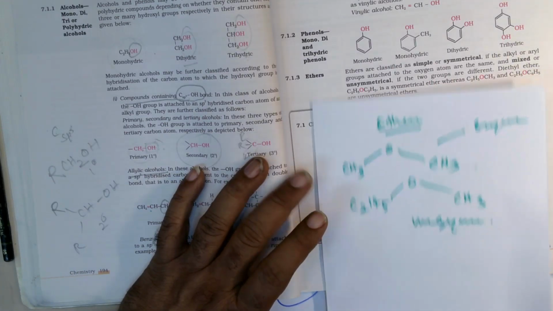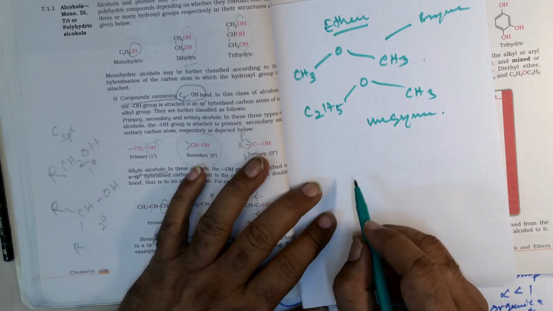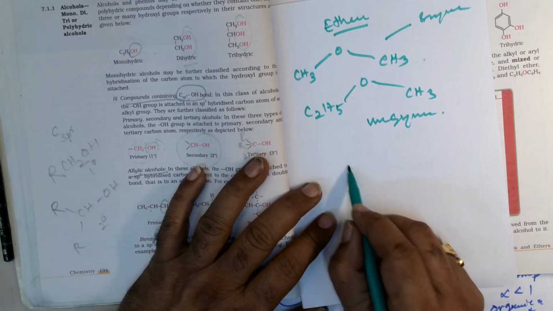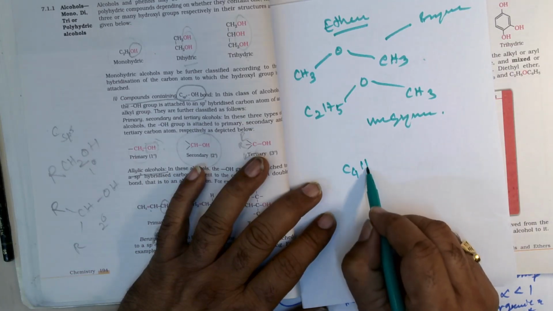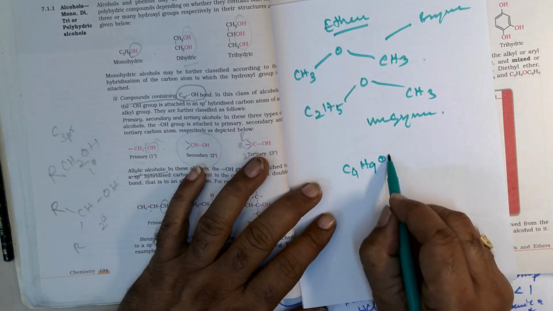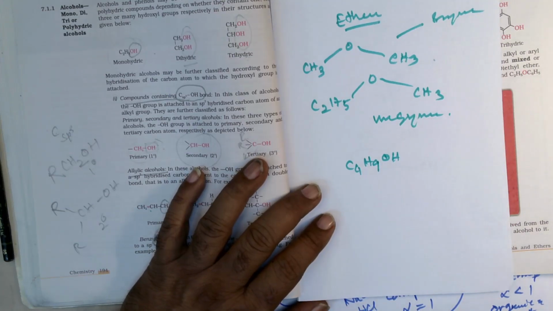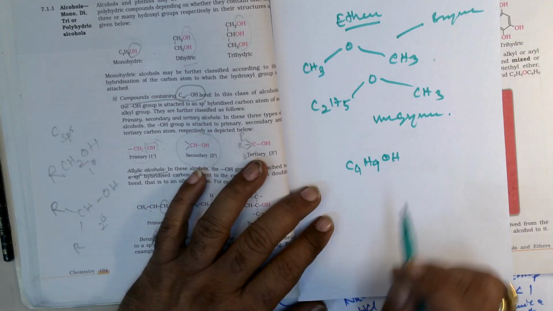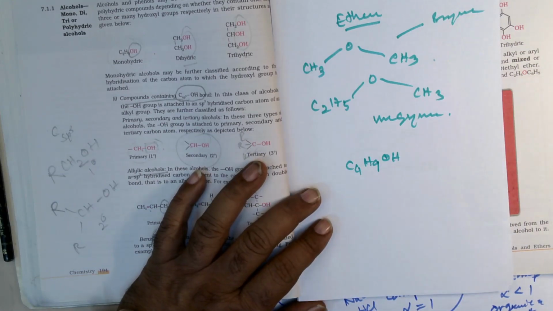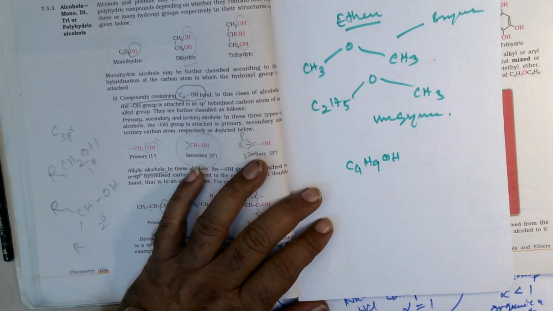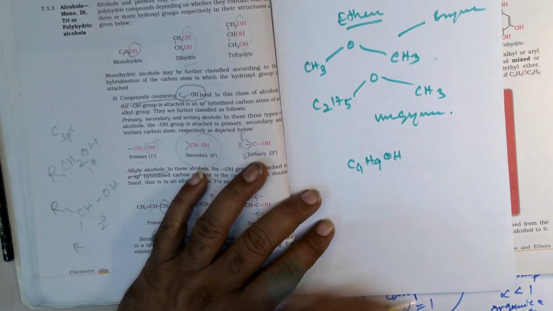Now, let me consider C4H9 OH. This is butyl alcohol. Right?